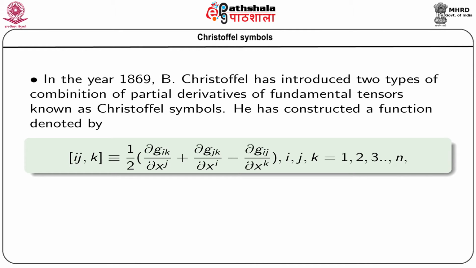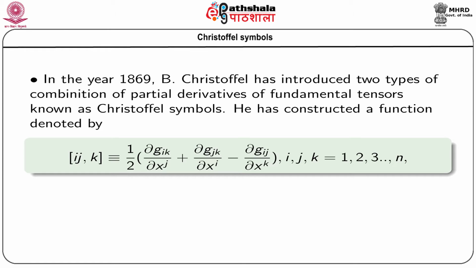He introduced this as the first kind of Christoffel symbol, which is equal to half of ∂g_ik/∂x^j plus ∂g_jk/∂x^i minus ∂g_ij/∂x^k, where i, j, k run from 1 to n.